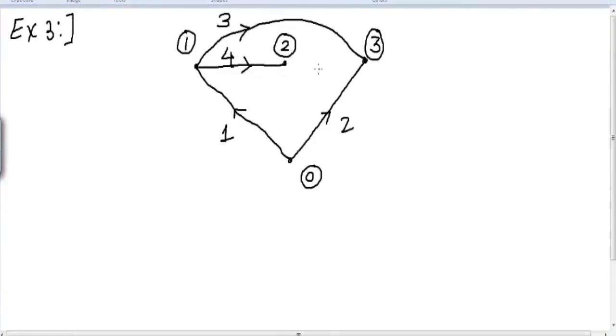This is element number 4 and this is element number 5. So in this way a graph is provided to us, and let us see what is the question. Prove the following identities.